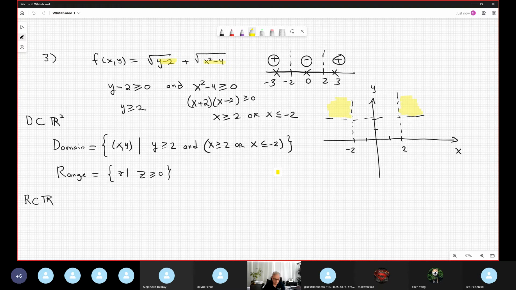This is the domain. The domain is pretty easy. The range is not necessary to graph. Just the number line from 0, including 0, of course, to infinity.